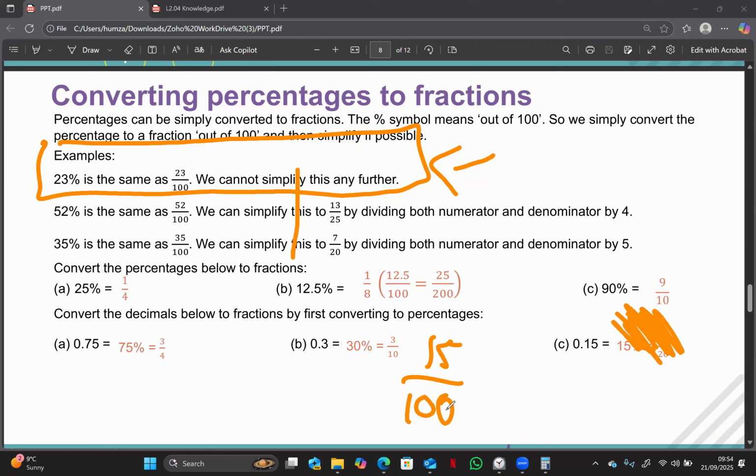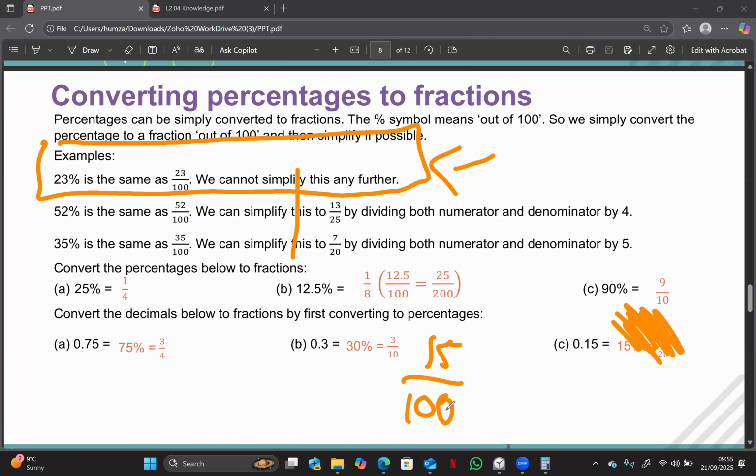Now, can we simplify this? What number goes into 15 and 100? What can we divide it by, the same number, the biggest number?